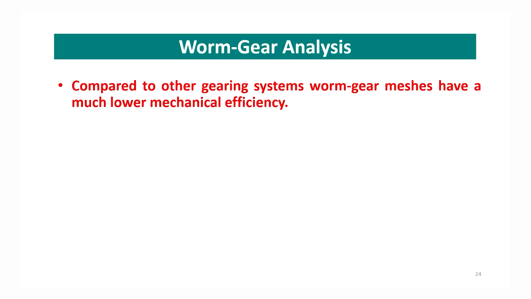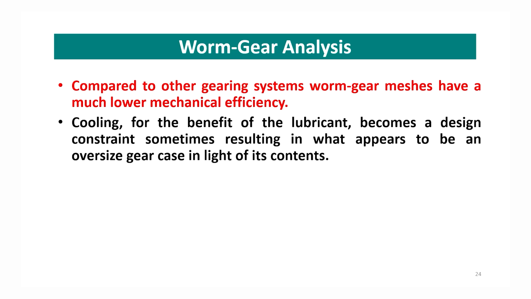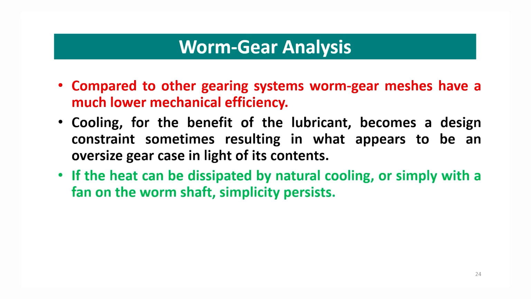Now, worm gear analysis. Compared to other gearing systems, worm gear meshes have a much lower mechanical efficiency due to sliding velocity and loss of friction. Cooling for the benefit of the lubricant becomes a design constraint, sometimes resulting in what appears to be an oversized gear case in light of its contents.